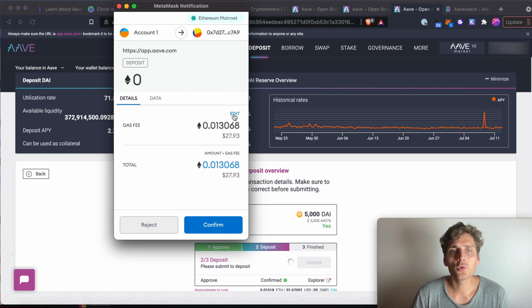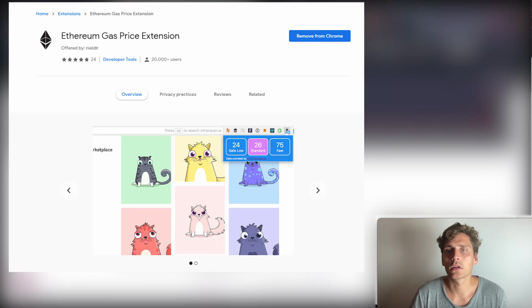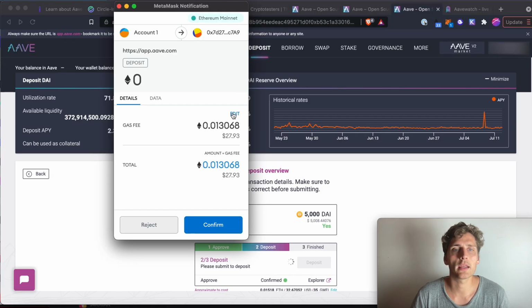So this gas fee, MetaMask gives you a suggestion on how much to pay. But if you think you might be overpaying, I use this little extension called Ethereum gas price extension. And it tells me right now that I should pay 33 Gwei for doing any transaction basically.